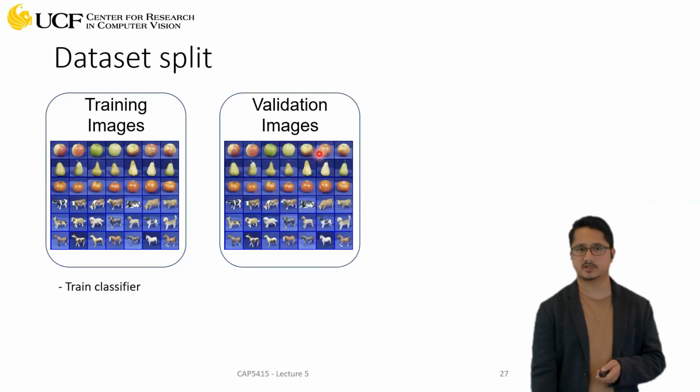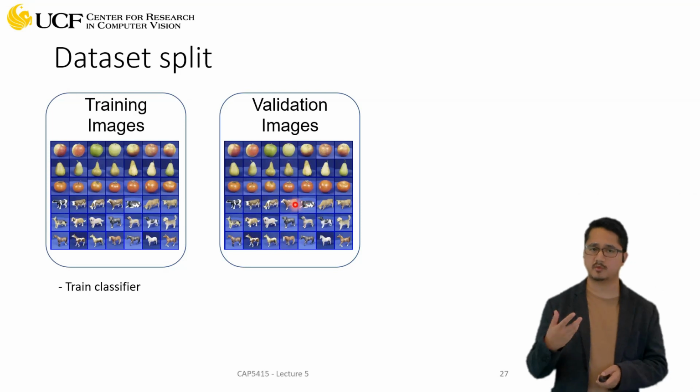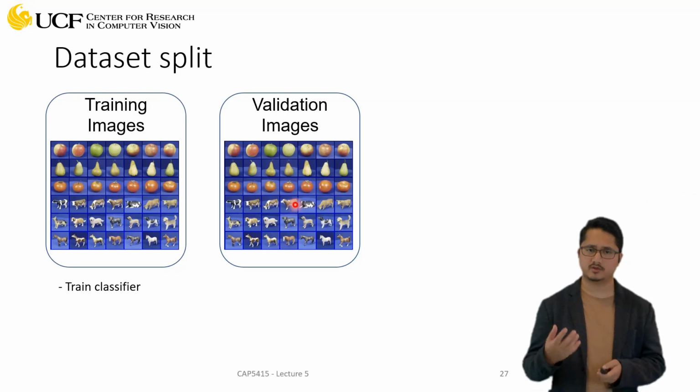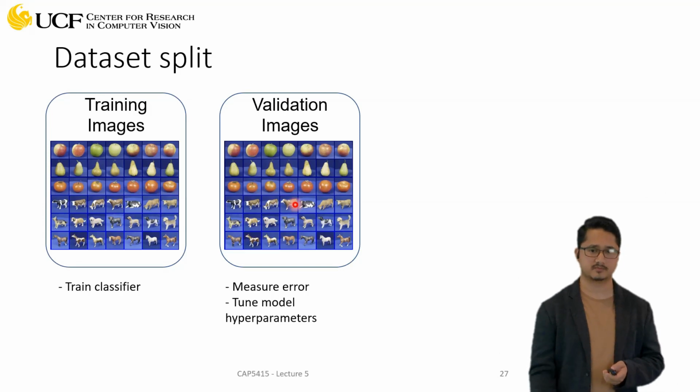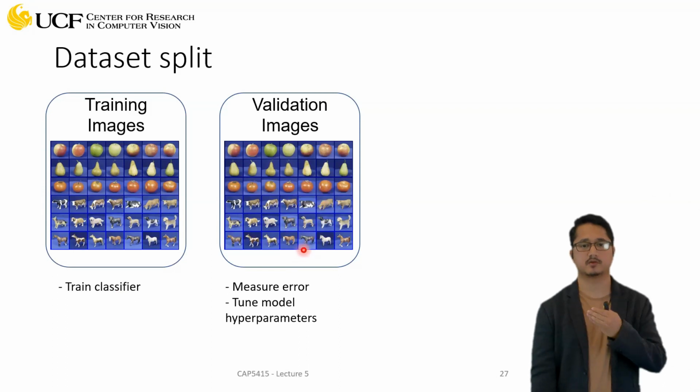Then the second split is the validation images. All right. Validation images are used once you have trained your model: you will evaluate that model on these validation images. And if the performance is not very good, you will try to fine tune some of the parameters to improve your model. Okay, so that's the motivation. You won't train on this data, but you can take feedback from this data on how well your model is doing.